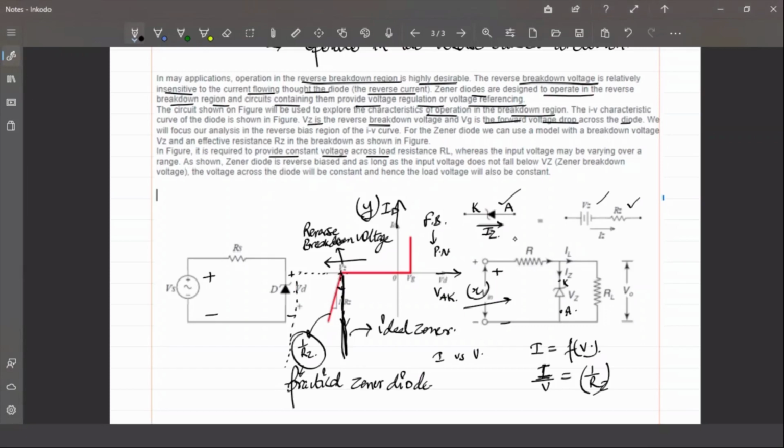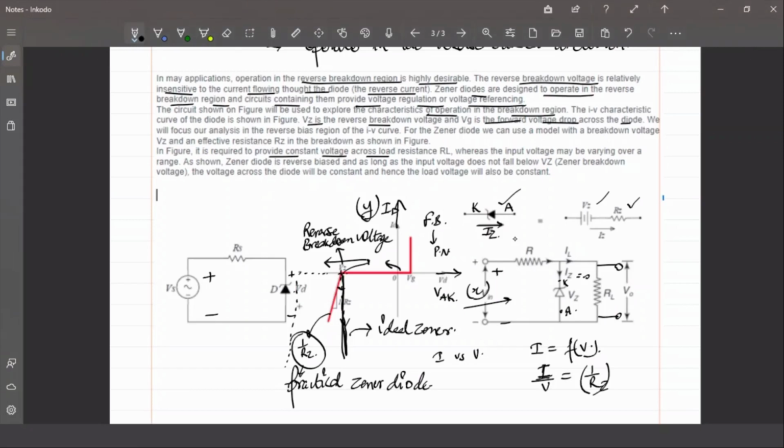That is why whatever the load, this is the load across which, let's say we want a constant voltage. That means whatever the voltage across this is equal to Vz if my Zener diode is in the reverse breakdown condition. If it is not in the reverse breakdown condition, that means if it is lying somewhere in this range between these two areas, then the current will be zero.